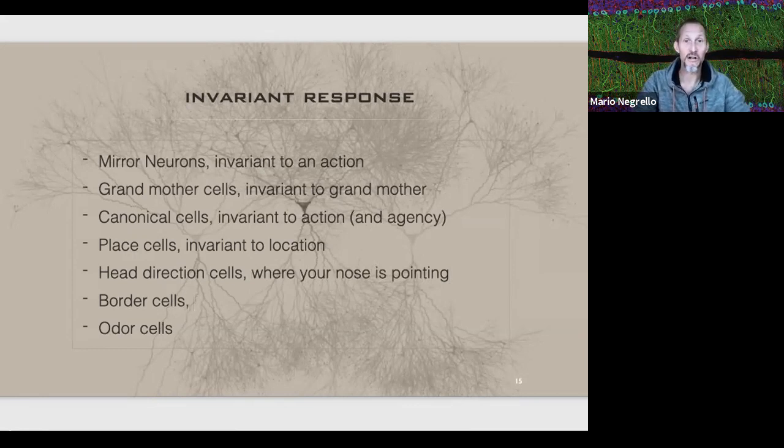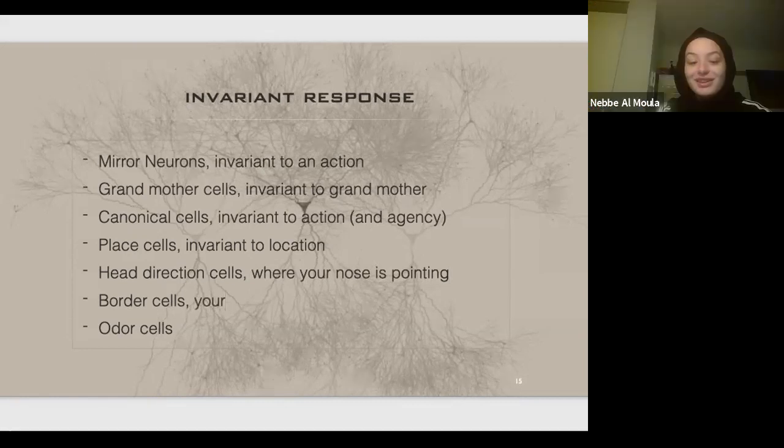Now border cells. When do the border cells fire? Yeah, Nevin? Yeah, border cells is when there's, for example, like right behind me, there's the corner line, so the one side is different to the other side, and that's the border in between.